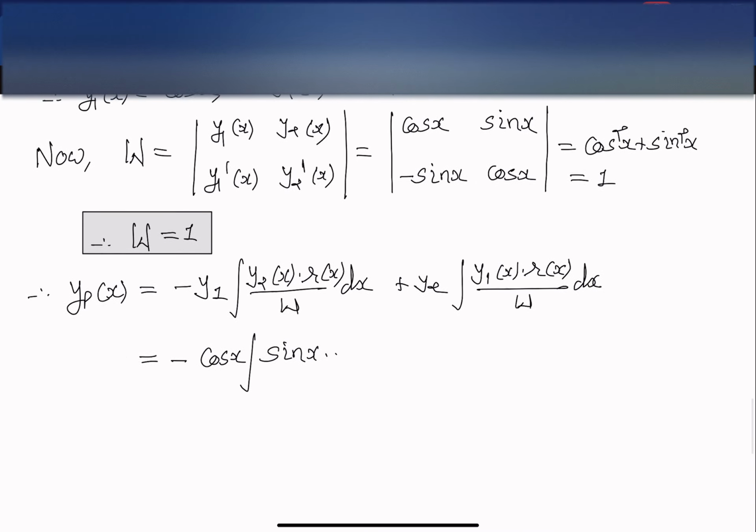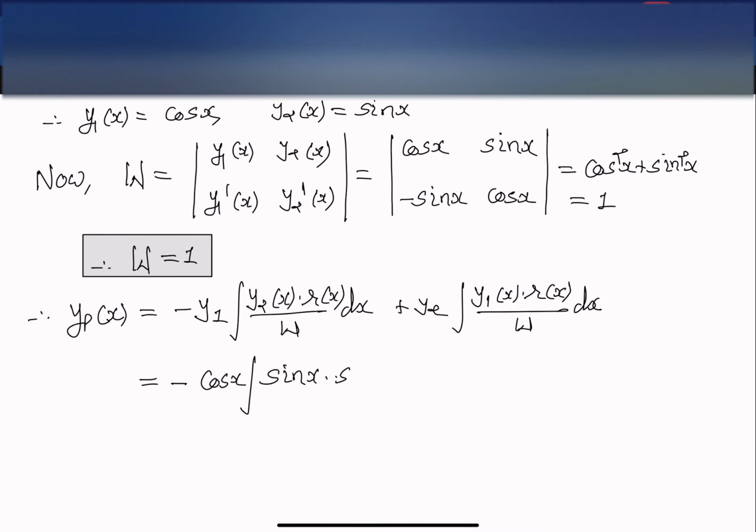That I write here, sec x divide by Wronskian is 1. That you know, Wronskian is 1. Right. dx plus y2. Now you know y2 is sin x. So let me be a little bit fast. y1 is cos x, R(x) is sec x, divide by 1 dx.